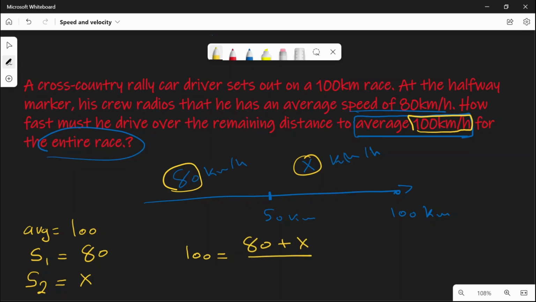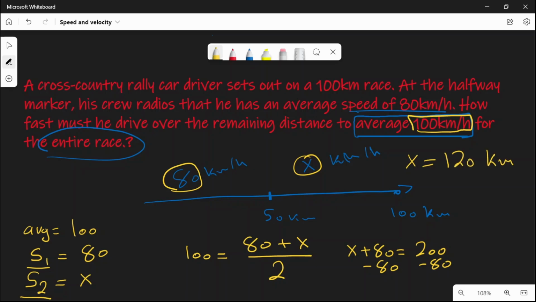In this case, we have two quantities, S1 and S2. So we'll write 2 in the denominator. And then we'll solve for X. Solving for X, we'll have X plus 80 equal to 200. And then we'll subtract 80 from both sides, so that X will equal 120 kilometers per hour.